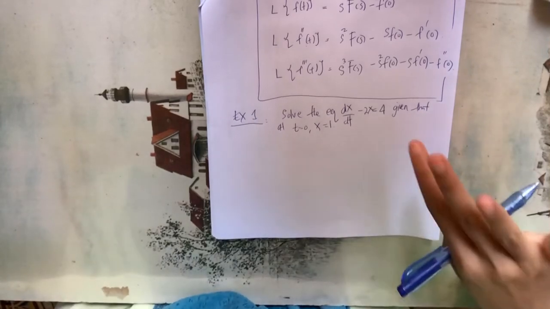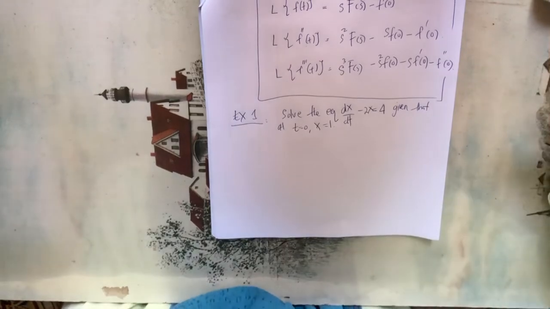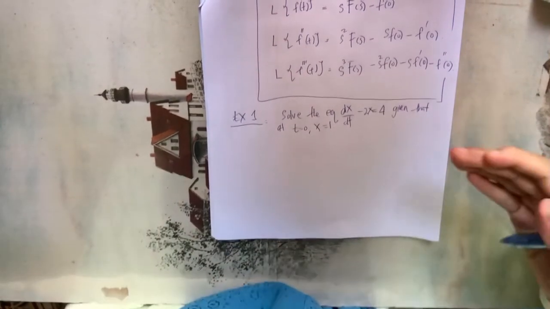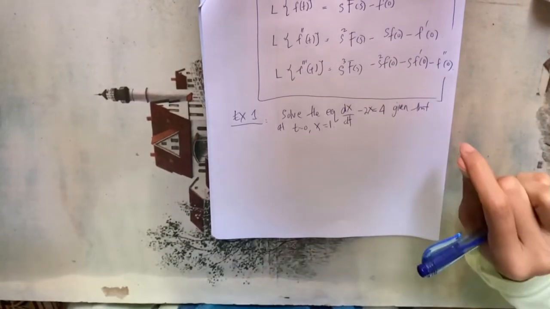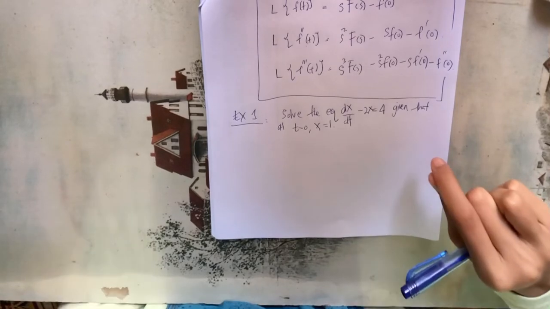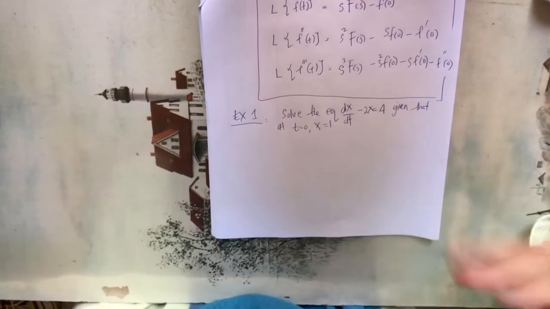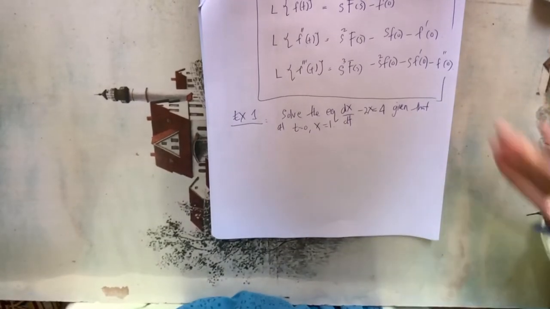So you have already learned two methods before this. In this chapter, Laplace transform, there is another method to solve this equation. This is the new method for you to learn, to apply to solve the initial value problem.